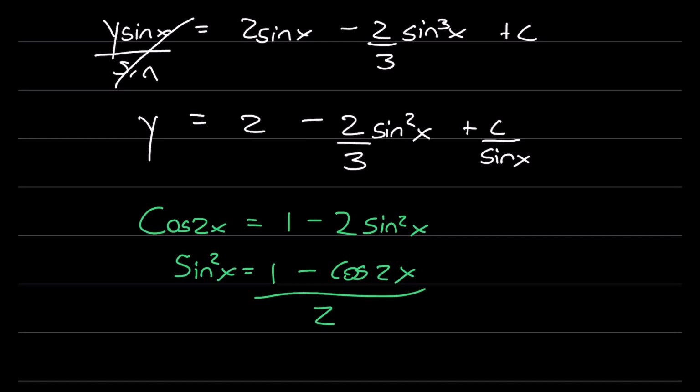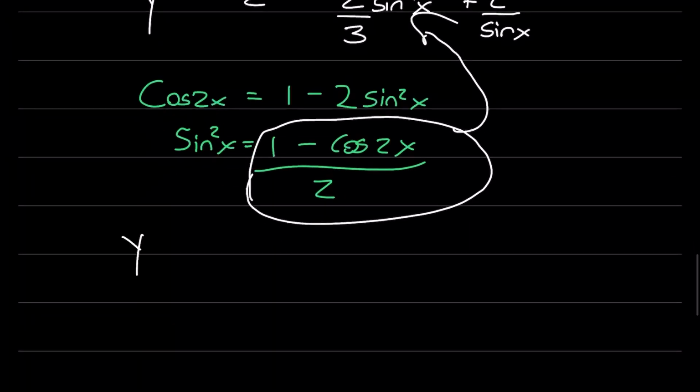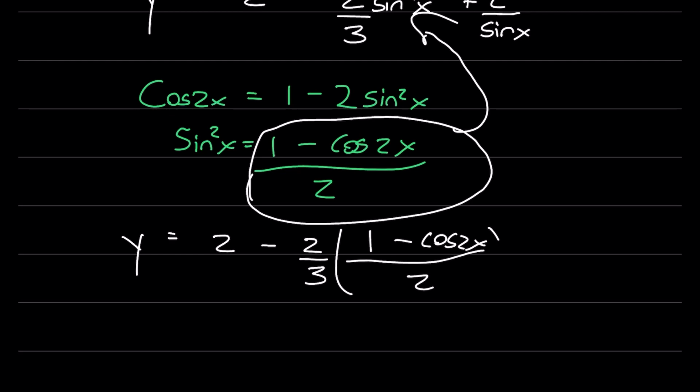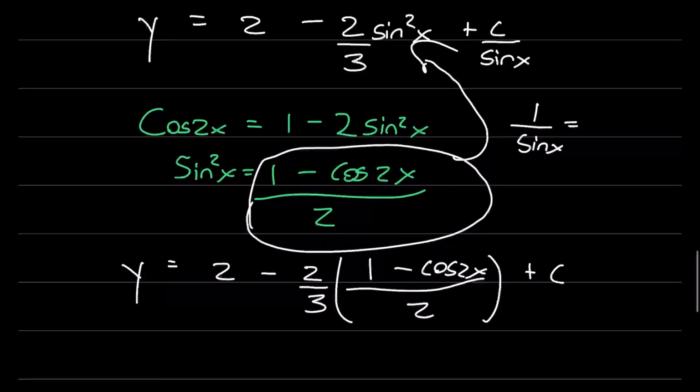So in this case, we can take this value and plug it in here instead of having sine squared x. So we're going to have y is equal to 2 minus 2 over 3 times 1 minus cos 2x over 2 plus c. And remember, 1 over sine x is equal to cosec x.